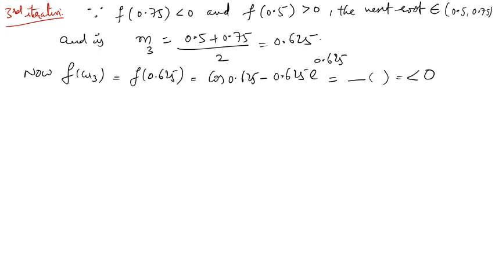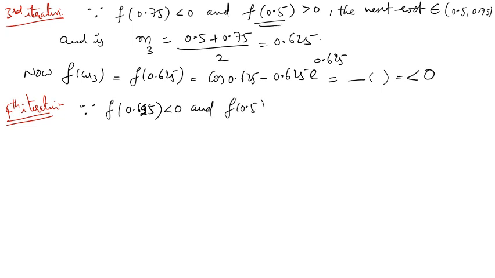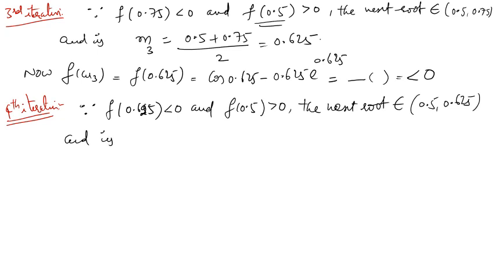Next, fourth iteration. You calculate the missed values using a calculator in your notes. Since f of 0.625 is negative and f of 0.5 is positive, the next root belongs to the interval 0.5 comma 0.625. m4 equal to 0.5 plus 0.625 by 2.